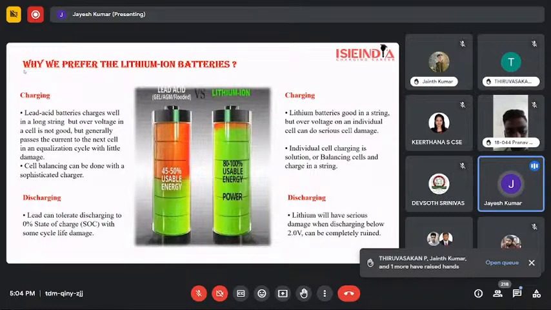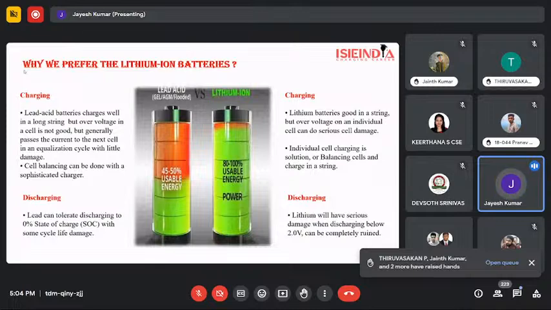For cell balancing, we use a sophisticated charger. Like in your home, you can see the inverter connections, we have to apply them directly. We don't use that battery supply. For the lithium-ion battery, we can use balancing cells, which are provided in the BMS circuit itself.